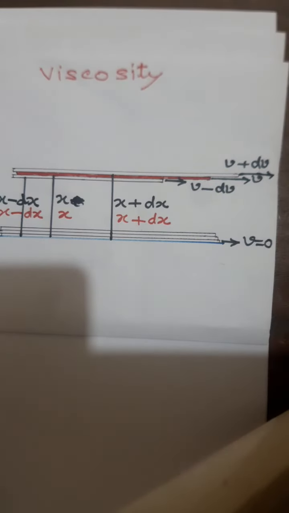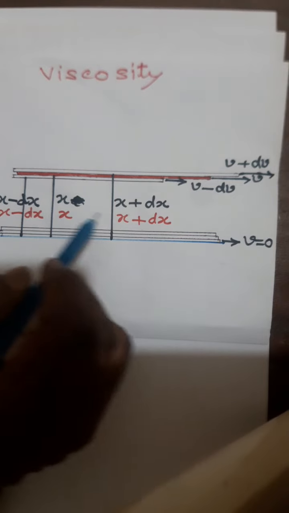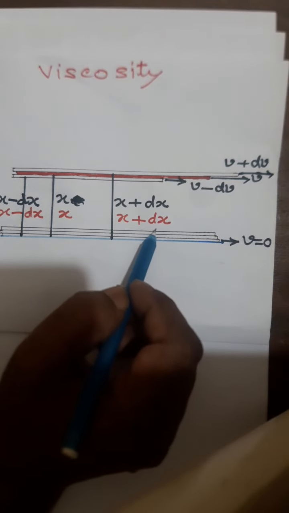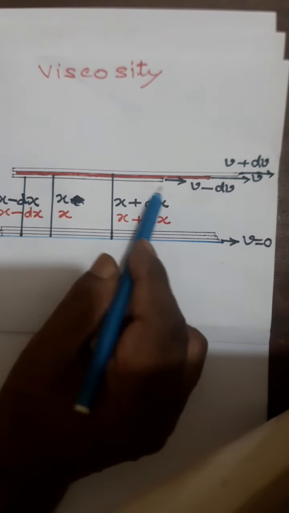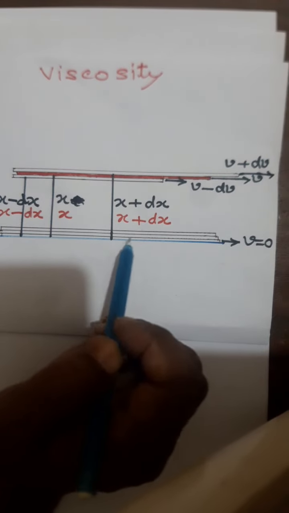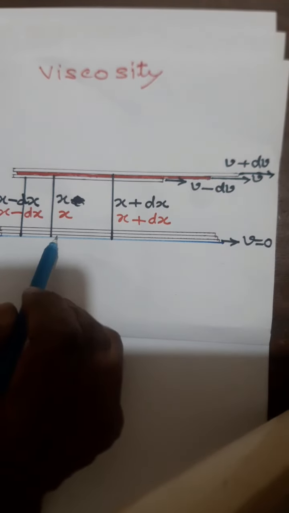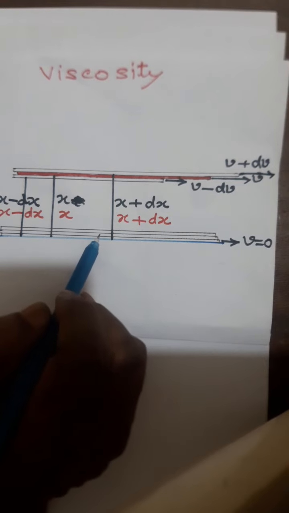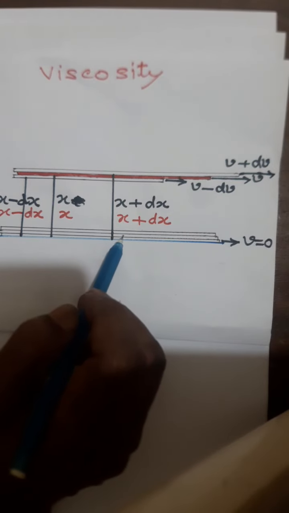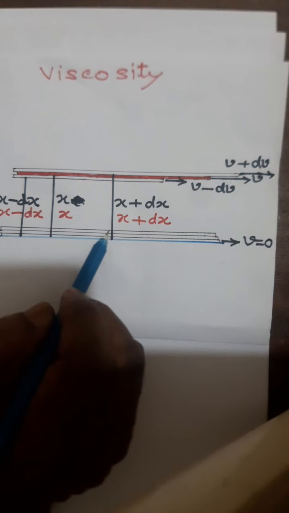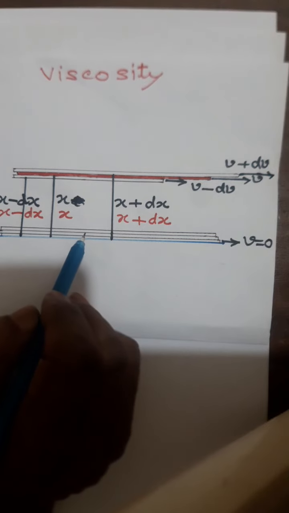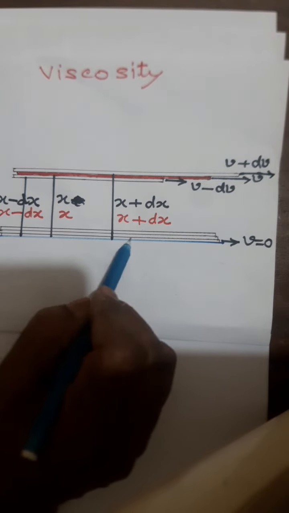The velocity gradient. Let us consider a flow of water in a river. We imagine the river water to be composed of a large number of horizontal thin layers of water.